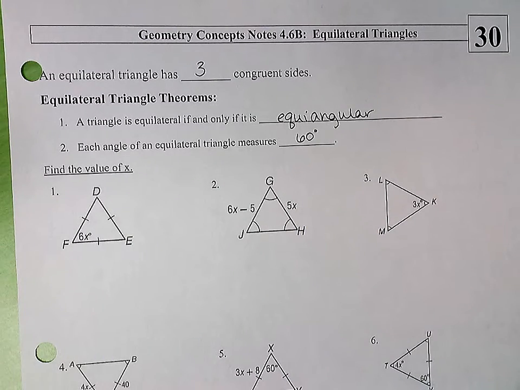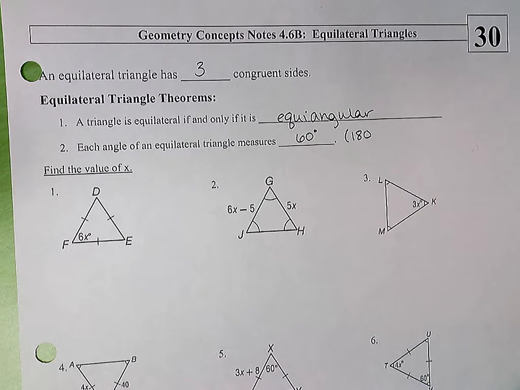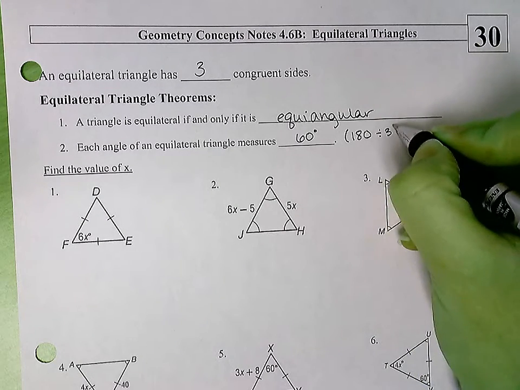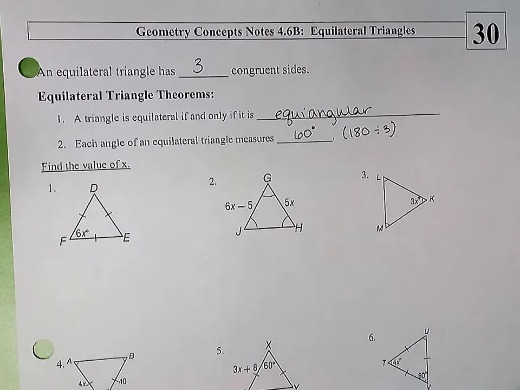Okay, so since they're all equal, to find that, you take 180 and divide it by 3. That's going to be 60. Okay, so if you know all 3 of your sides are the same, that means all 3 of your angles will be 60 degrees. So we're going to go through some problems involving equilateral triangles.